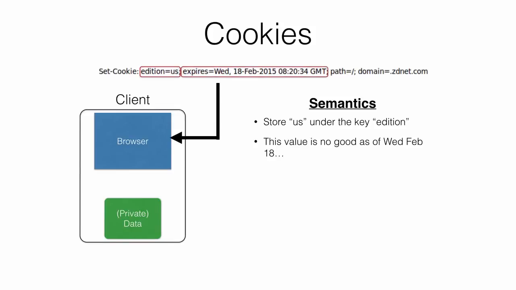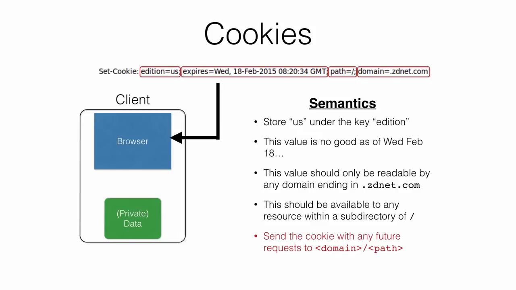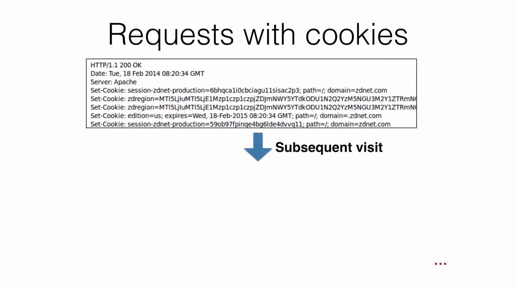And the options for that cookie are that the value expires as of the given date, perhaps when the session expires, and the cookie is associated with the domain zdnet.com, and URLs at that domain that begin with the subdirectory /. So in short, whenever a client interacts with the server via his browser, if the interaction is with the given domain with the prefix of the given path, then this cookie should be sent along with that HTTP request.